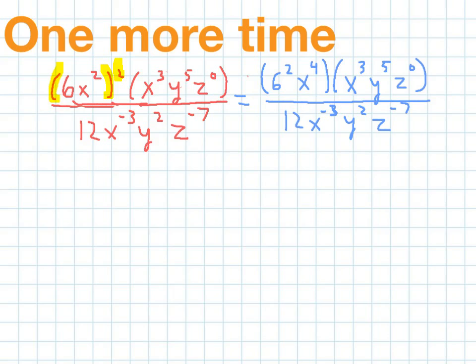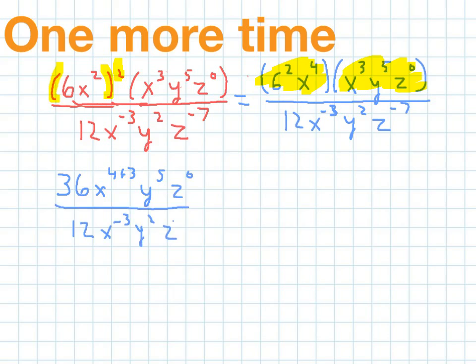Next rule that I see, I notice I have this parenthesis times this parenthesis. So there's that product rule that we learned in the first lesson. Now down here, I've got 6 squared, which is 36. I have x to the 4 plus 3, y to the 5th, z to the 0, divided by 12, x to the negative 3, y squared, z to the negative 7.